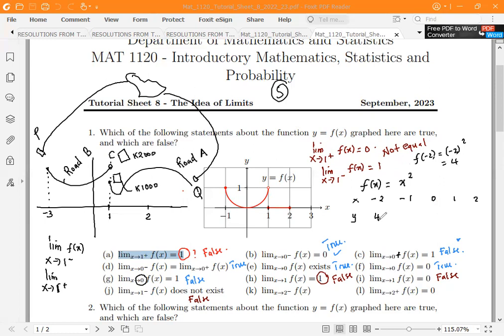So these numbers, the x, they are controlling y. Depending on the function you give them, they will give you the y value. When they give you the y values, your job is to study the pattern of the y values.